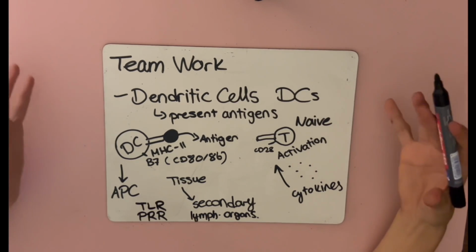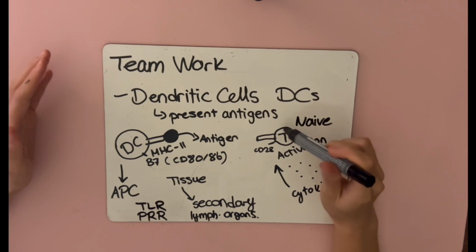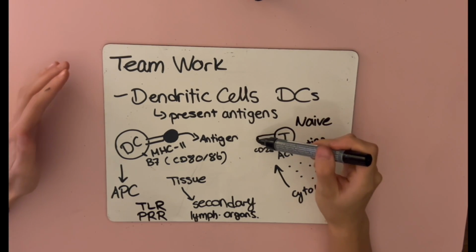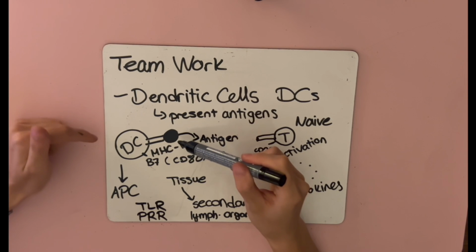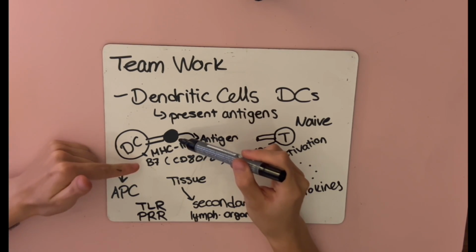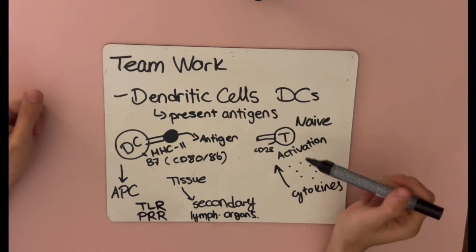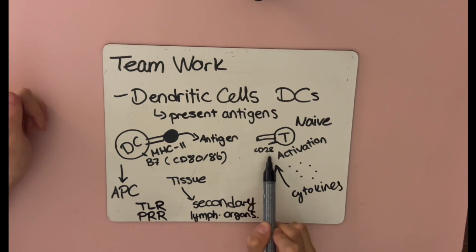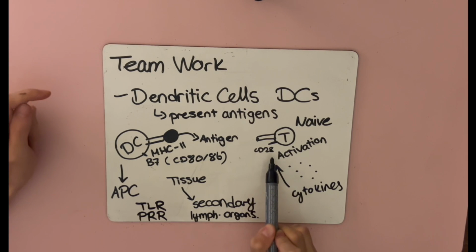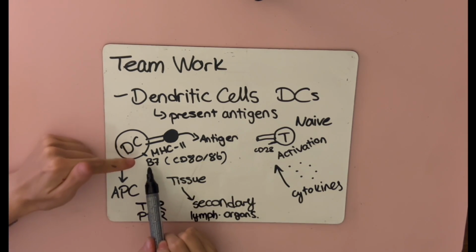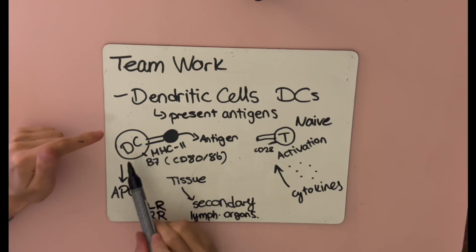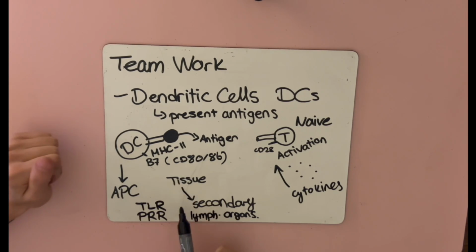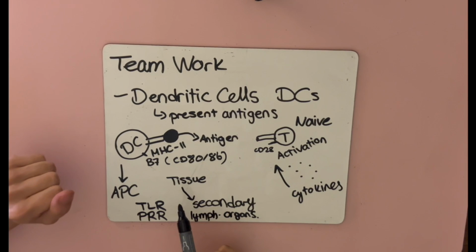There are some activation requirements. So in order to activate a T cell, the T cell receptor has to be able to bind to the antigen presented by the MHC receptor. Then there's a second signal. The T cell has a little subreceptor called CD28. That has to bind to the B7 receptor on the dendritic cell, also called a CD86 receptor.